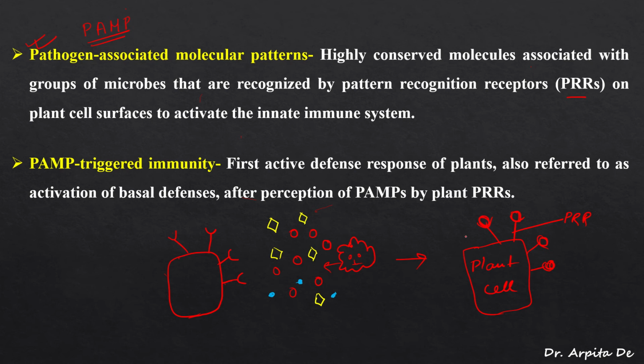So once these pathogen associated molecular patterns are recognized by the receptors, once this recognition is done, then a battery of reactions starts in the body of the plant. This triggers the basal defenses. Okay, this is PAMP triggered immunity.